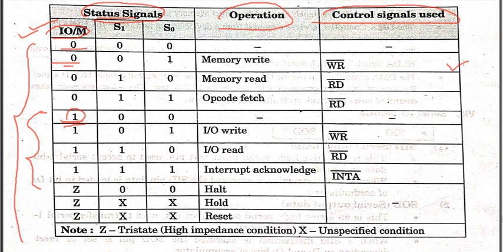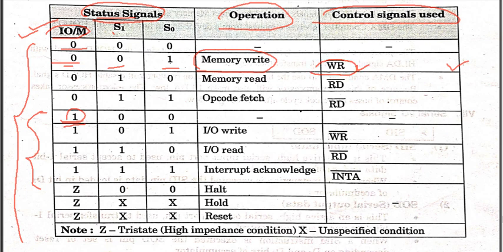So whenever this IO/M bar is equal to 0, the status signal S1 is 0 and S0 is 1, so a memory write operation will happen, because IO/M bar is equal to 0, that is active low, so a memory related operation will be performed.